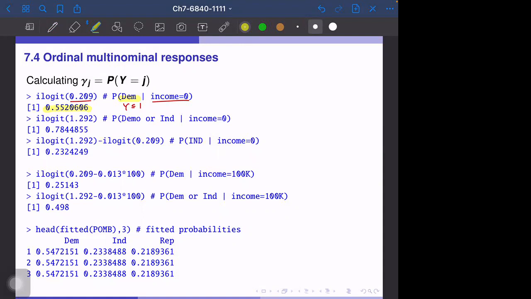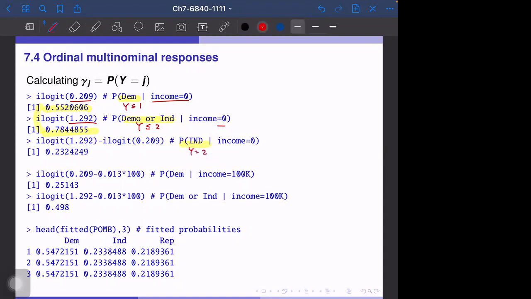And the probability of Y less than or equal to 2, that is Democrat or Independent, is obtained by this one, because the coefficient for Y less than or equal to 2 is 1.29. And again we assume income is equal to 0. Then that is 78.4%. The difference between these two numbers is the probability of Independent, Y equal to 2.